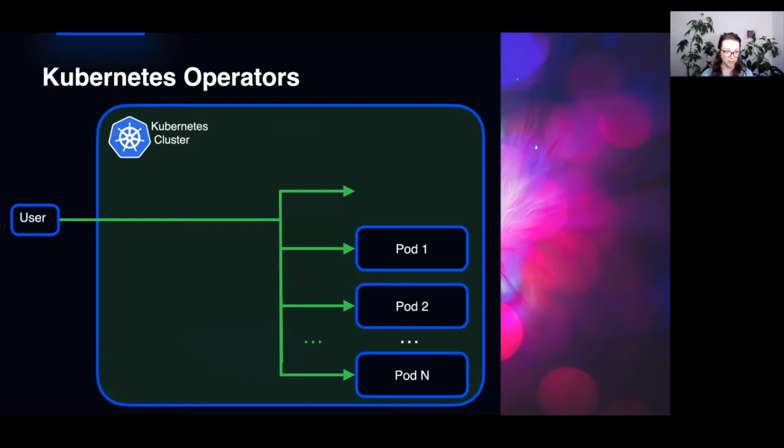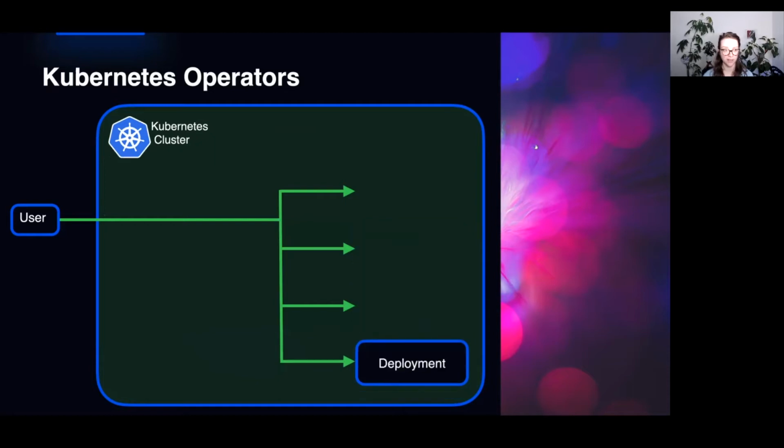A cluster is a set of machines, called nodes, that run containerized apps. Every cluster has at least one worker node, and let's say in our example, we have n pods tied to n nodes. They're created by the deployment object.